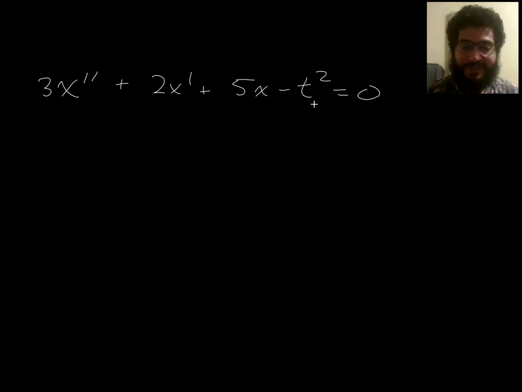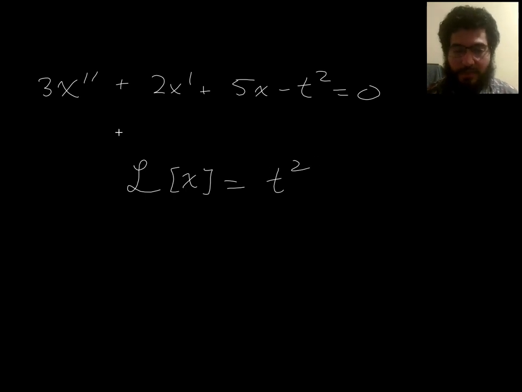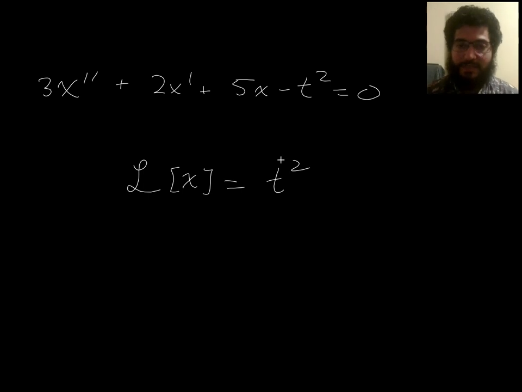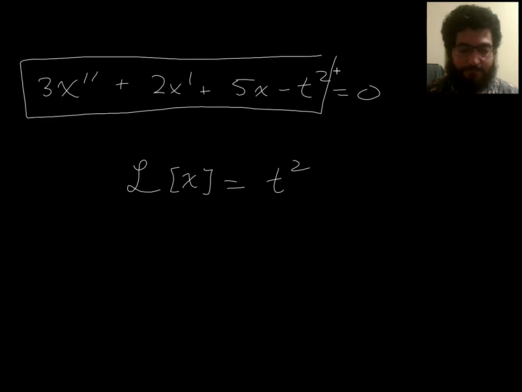This would not be homogeneous because if you write it so that it's a linear operator being applied to x equals something, then that something has to be t squared in this situation, pretty much, or it has to at least depend on t. If you think of the left-hand side here as an operator, something that's operating on function x, that would not be linear. So this would actually be a non-linear thing being applied to x.